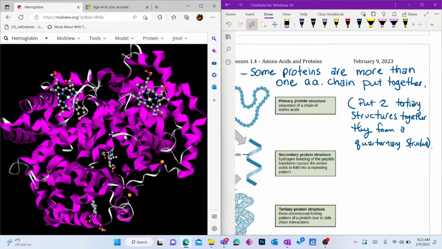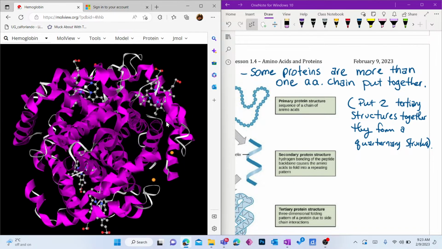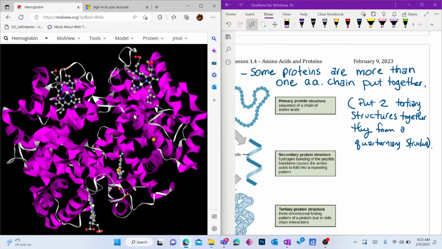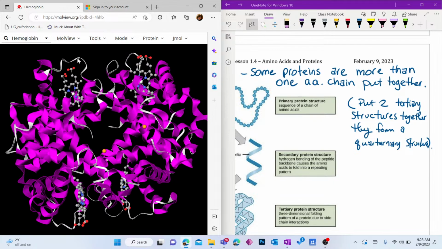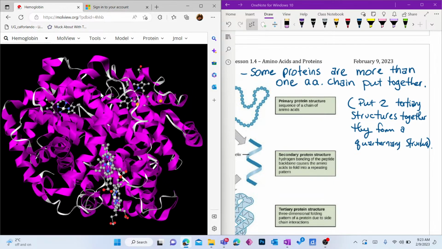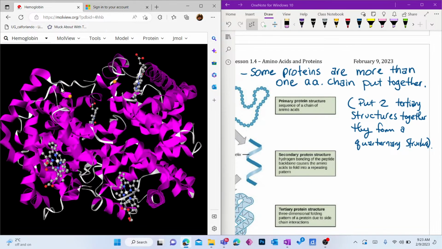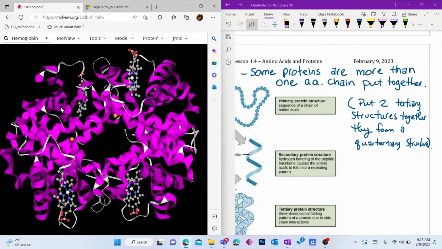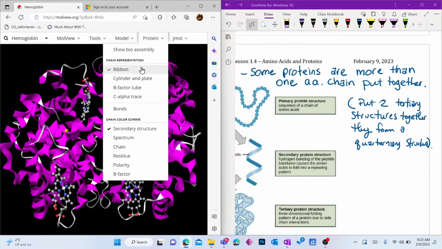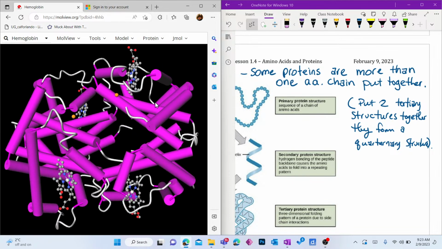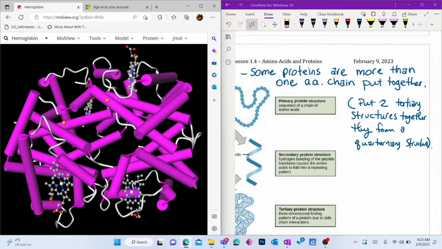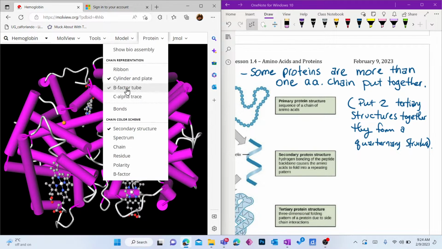Those are individual amino acids. But for the most part, everything can be broken down to sections that are either pleated sheets, which they show in white here, or the alpha helices, which they show in magenta. It doesn't look very magenta up on that screen, but on mine it sure does. There are different ways that they sometimes show this. There's what they call the cylinder and plate model, which still is getting to the idea that you have these bulkier sections and these flatter sections.